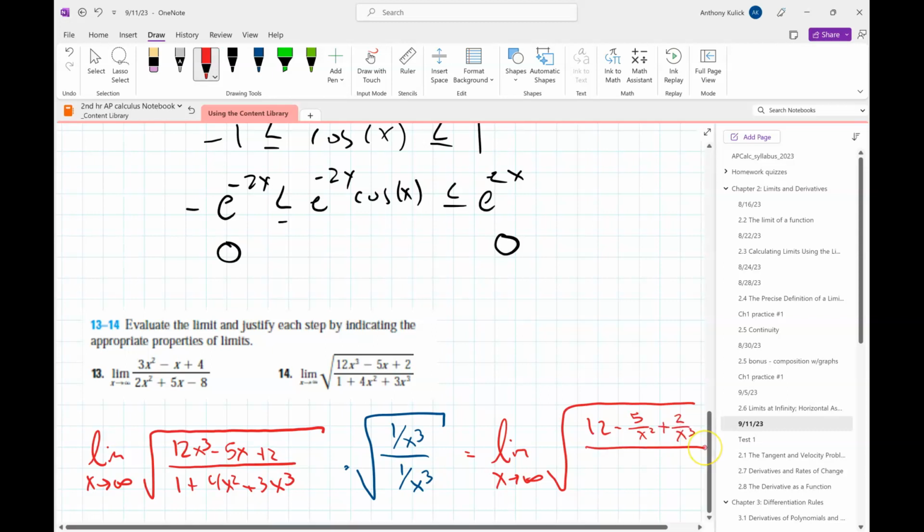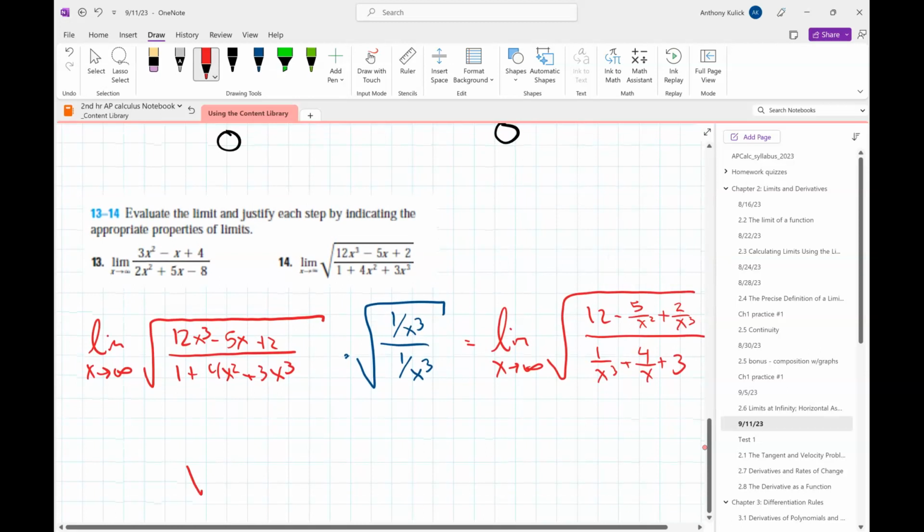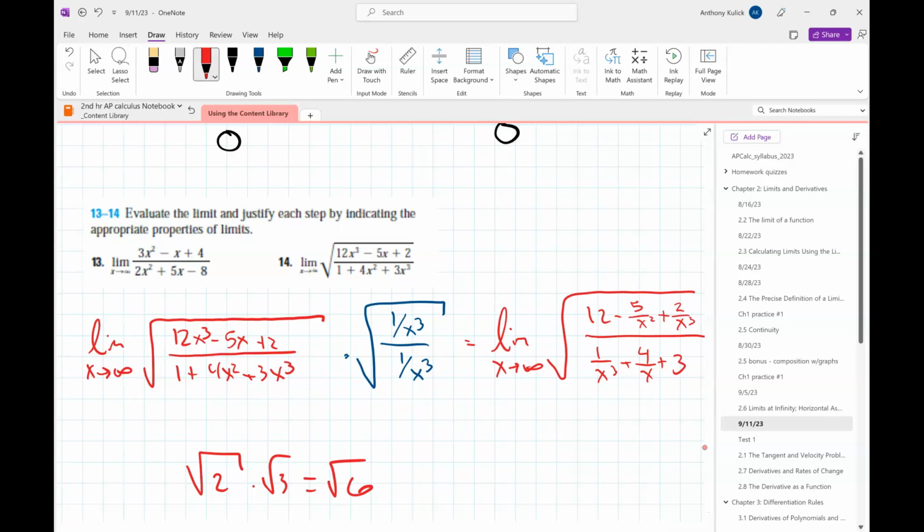So the square root stays because you're not multiplying two of the same radicals. Like if I do square root 2 times square root 3, that's just square root 6, right? The radicals stay. You just need the radical to multiply them underneath, to put the 2 and the 3 together underneath.